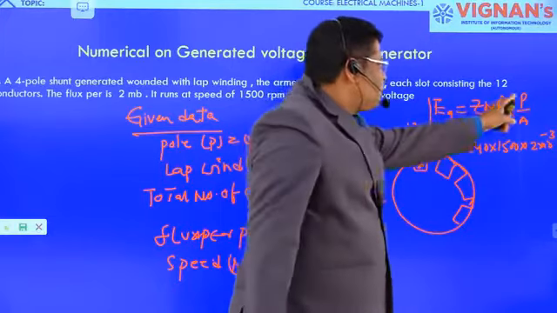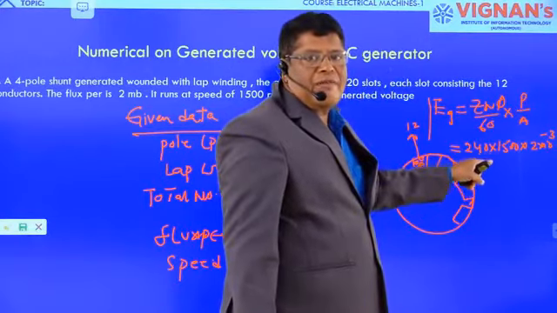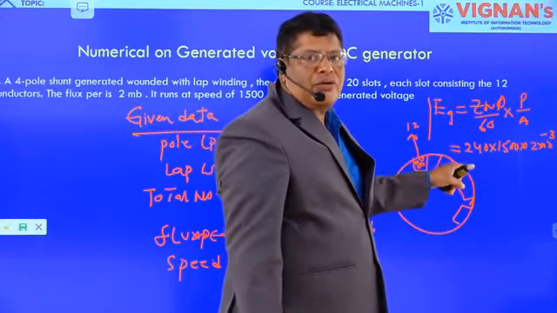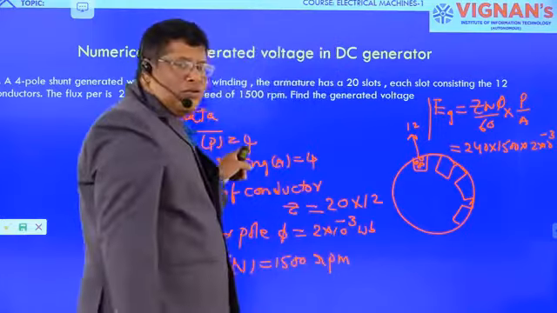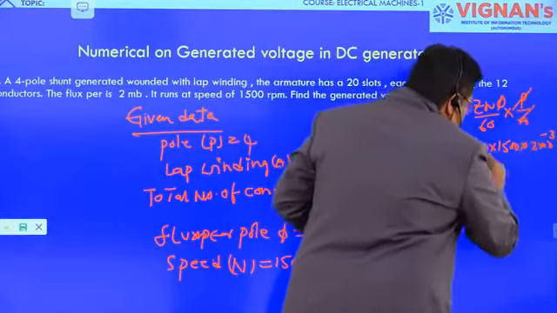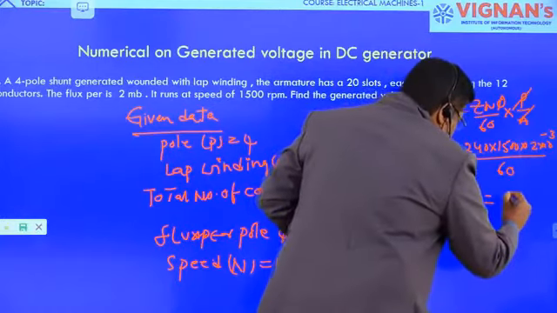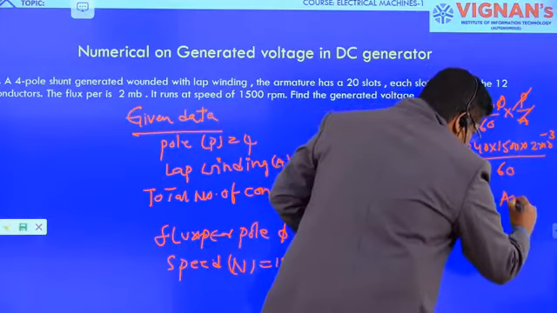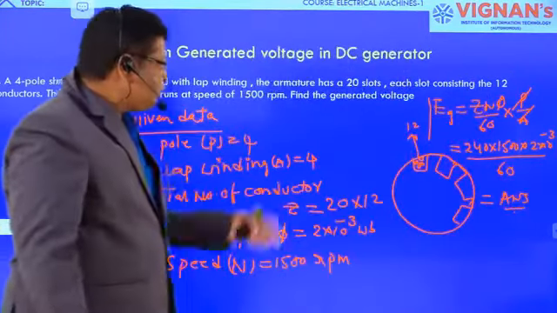The number of poles is 4. In case of lap winding, the number of parallel paths equals the number of poles, nothing but A equal to P. These two are equal, so these two get cancelled. Divide by 60. If you simplify this one, you are getting the answer. You work out that one.